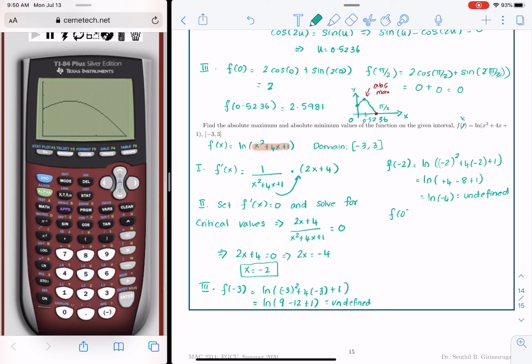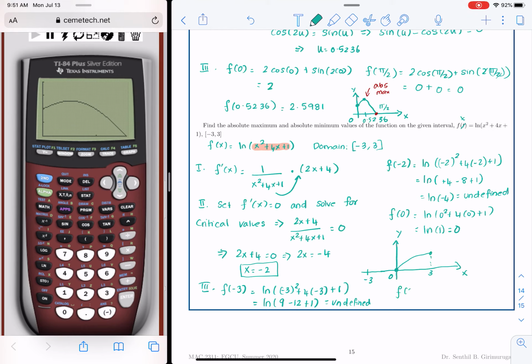When I plug in 0, I have ln of 0 squared plus 4 times 0 plus 1. I end up getting ln of 1, which is 0. So it seems like we don't have anything defined on the left hand side, and the smallest value is at 0, and it goes all the way up to 3.